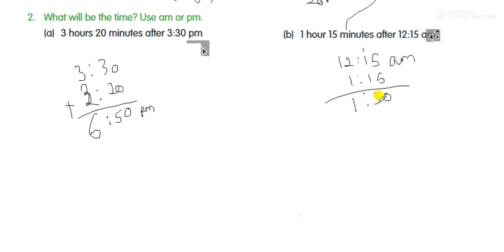So 1:30 AM. So it should be 13:30, or write this one as 1:30 AM. So it's an AM, which means 1:30 AM.